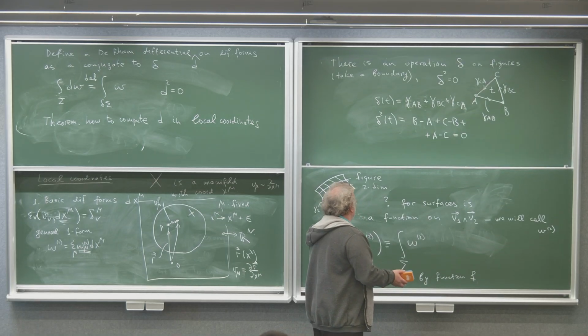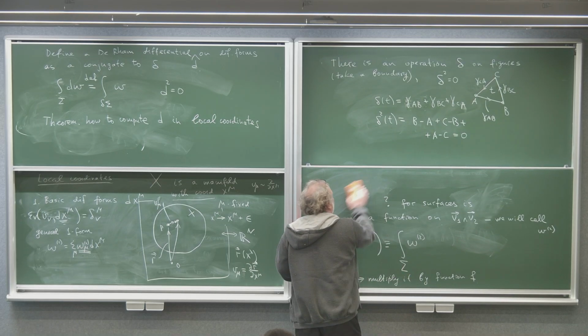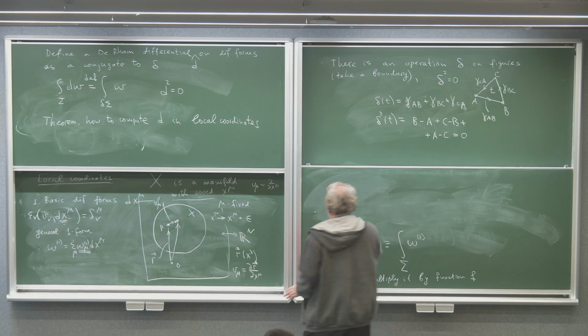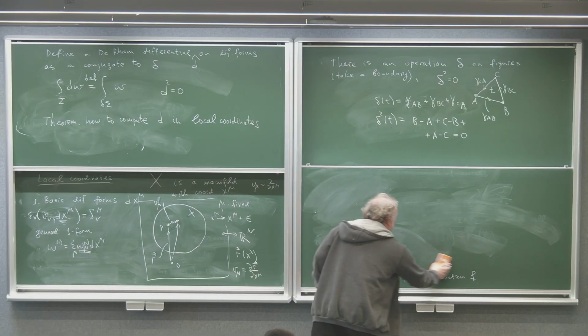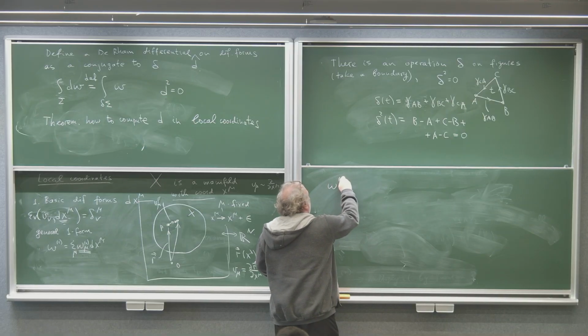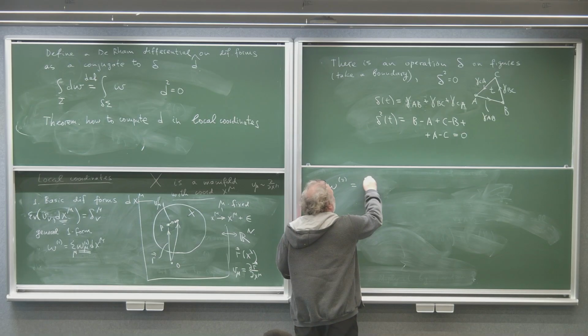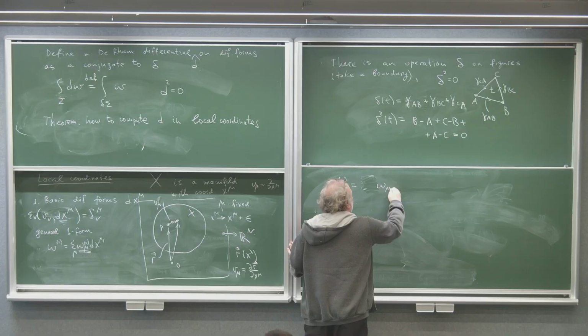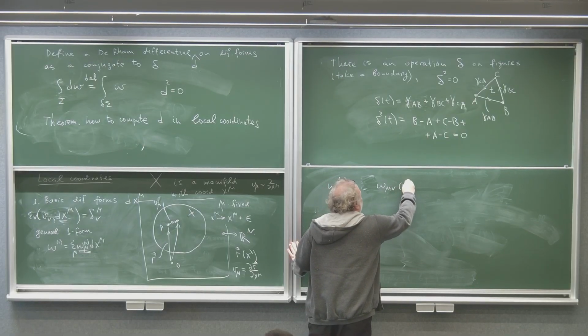This is about one form. What about two form and higher form? Omega 2 would be decomposed. Okay, I told you that I'm not going to use this summation index.